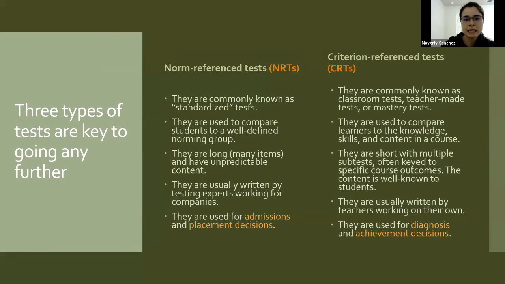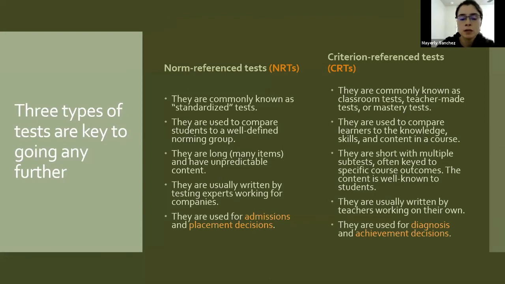It's mainly NRT. These are used to compare students to a well-defined norming group. That is, the test is created based on a group of people or students. They are long and the content is unpredictable. We don't really know what we're going to be facing in these exams.